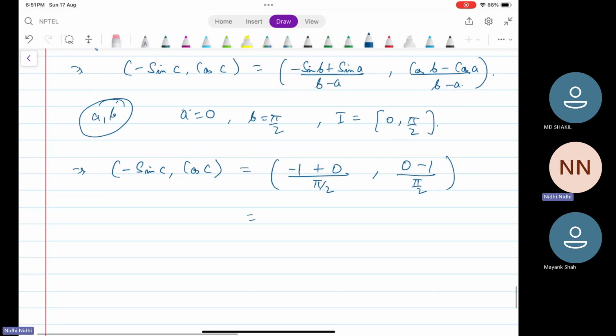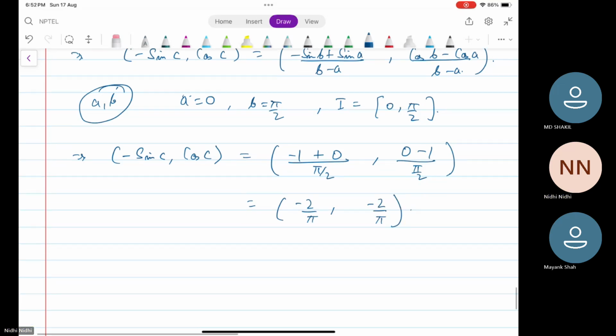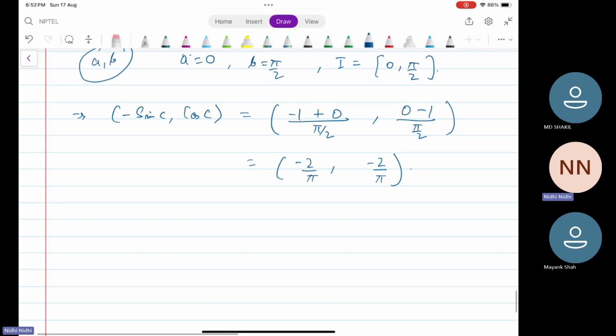So this is equal to minus 2 by pi and minus 2 by pi. So from here, we get sin c equals 2 by pi, and cos c is equal to minus 2 by pi.